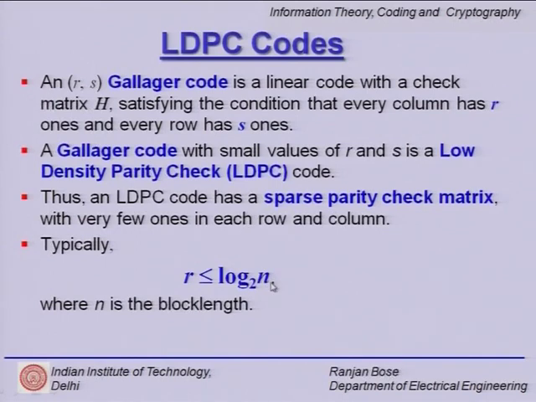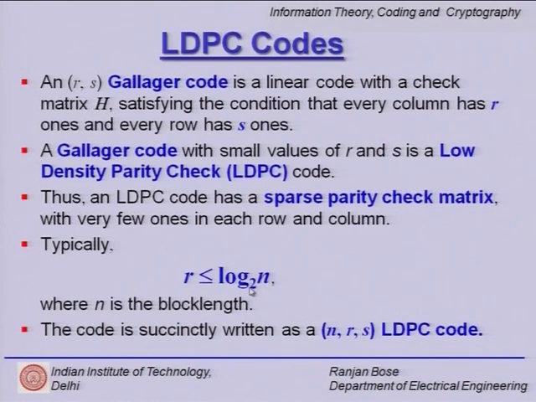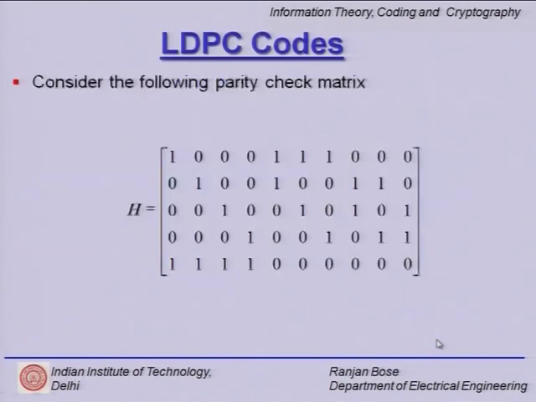There are n columns, and the number of ones in every column is limited by log to the base 2 of n. It is kind of a rule of thumb which tells you what is low enough. So, this code can be written as (n, R, S), where n is the block length, every column has R ones and every row has S ones. These are the parameters of my LDPC codes.